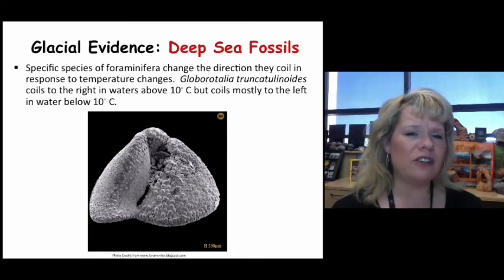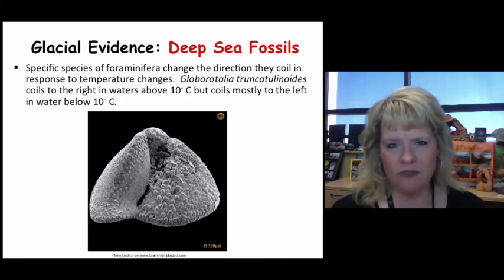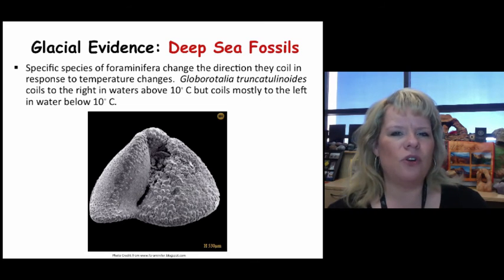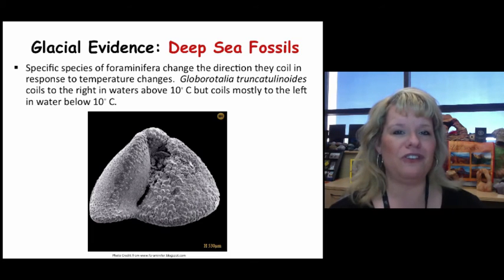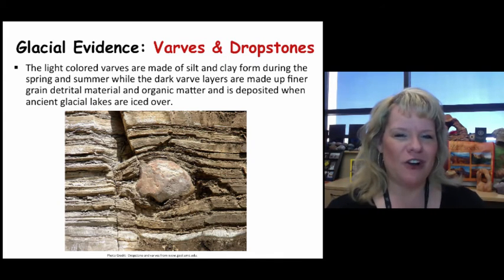If it's below that temperature range, it will start coiling to the left. And this is unique, so we can look for the specific foraminifera and be able to determine cycles of ice ages simply by looking at this one little species of foram. Go figure, right? Bet that was a surprise. You've learned about varves and dropstones.